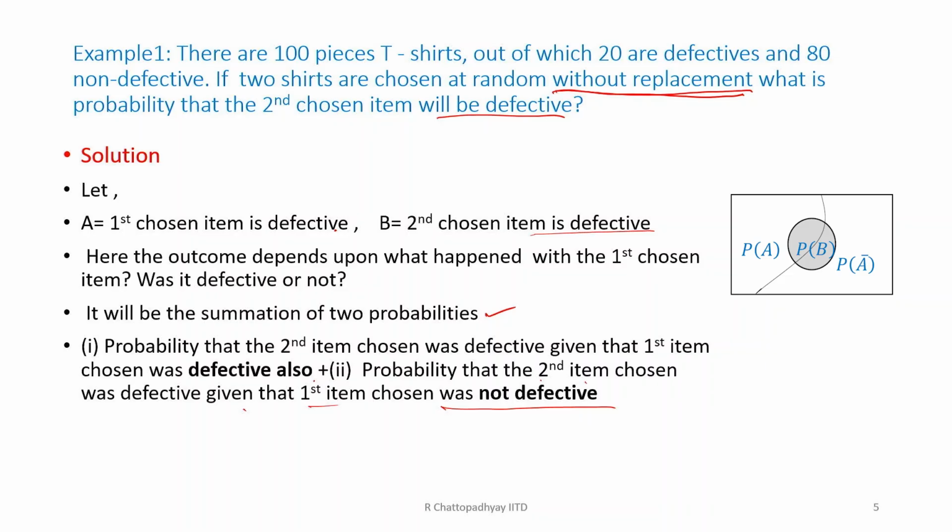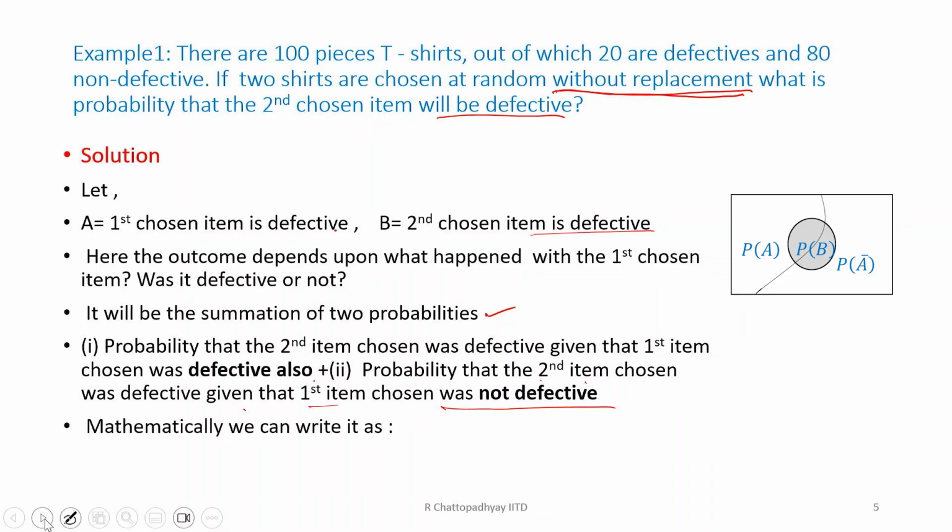But if the outcome is a non-defective shirt, then when I'm performing the second selection, I still have 20 defective shirts left, but non-defective ones have reduced by 1 and it has become 79. So the probability will depend upon these two different possibilities. We have to take care of it.